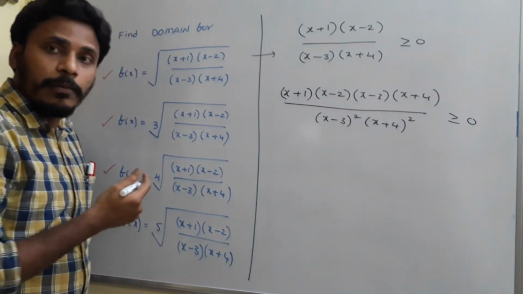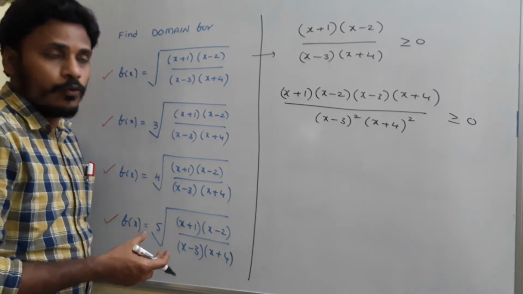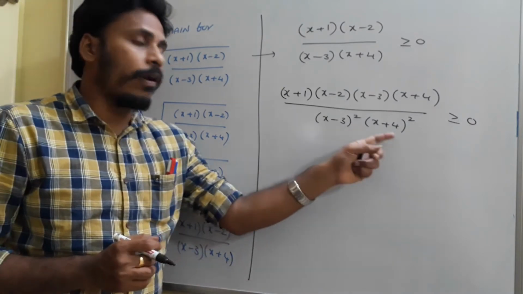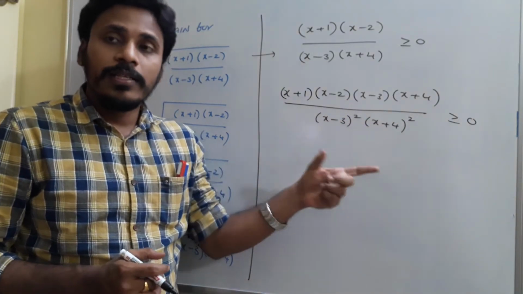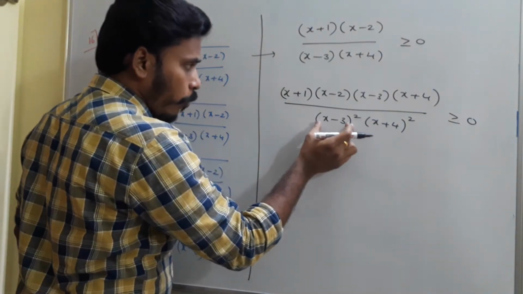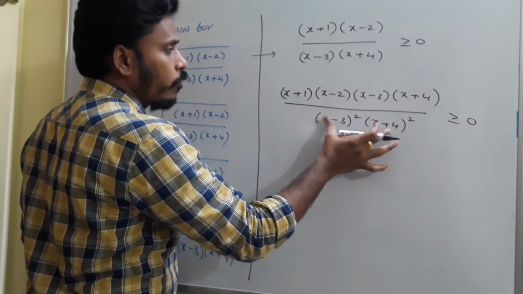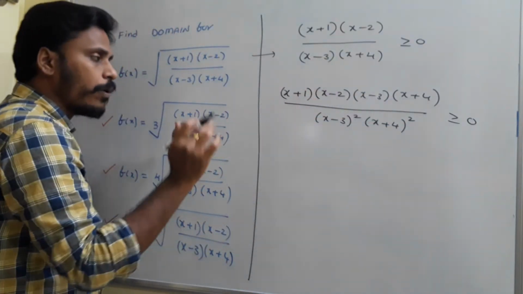I just multiplied both numerator and denominator by (x minus 3)(x plus 4). Now the denominator is two perfect squares, (x minus 3) whole square and (x plus 4) whole square. Something squared is always positive, so the denominator is positive.